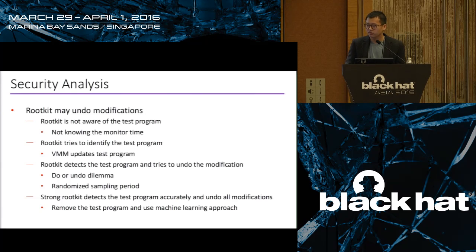If that's the case, then what we suggest is that we should not use a test program, right? Rather, we should go for a different approach where we use machine learning algorithms to classify the correct behavior of the system and then create a sort of whitelist machine learning model to check whether your system is infected or not.